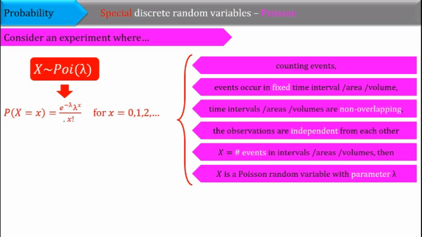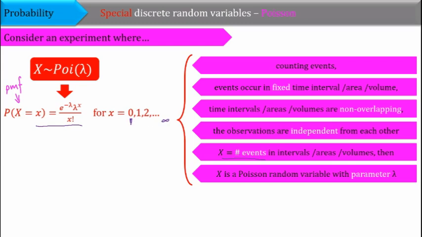Now, speaking of the PMF, it is given by this equation over here. So we have e to the negative lambda, lambda to the x over x factorial, and x represents the number of events. So we can have intervals or areas where nothing happens. So the minimum number of events we can have is 0, and the maximum will be infinitely many.